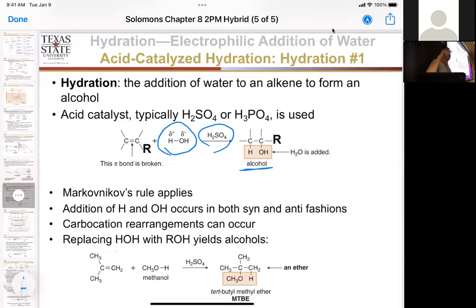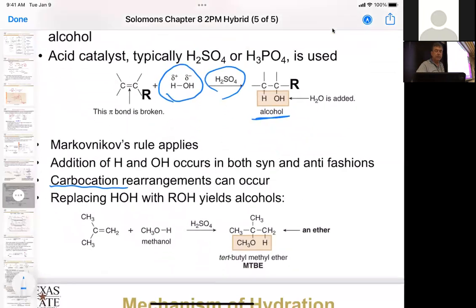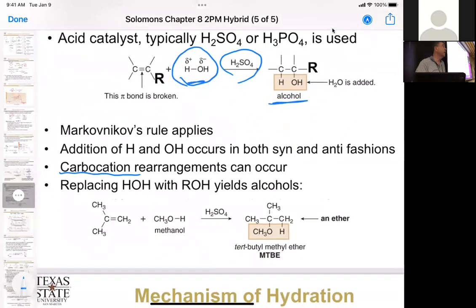This also follows Markovnikov's rule. The hydrogen is going to add to the carbon with the more hydrogens on it, and the carbocation is going to form on the more stable, the more substituted carbon. Okay, so it goes by a similar mechanism. In this case, we're using water as a very weak nucleophile, but we're using acid to help promote the reaction.